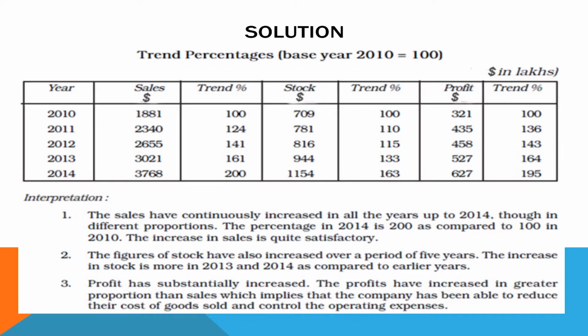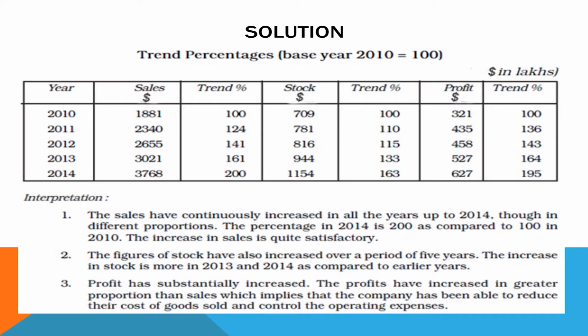Now let's move on to the another column, that is of stock. Now the values of stock are 709, 781, 816, 944 and $1,154. So initially the trend of percentage change in stock will remain same, because the value of percentage change will be 100%, as we know 2010 is the base year. Moving on to next year, that is 2011, the value of stock is 781.